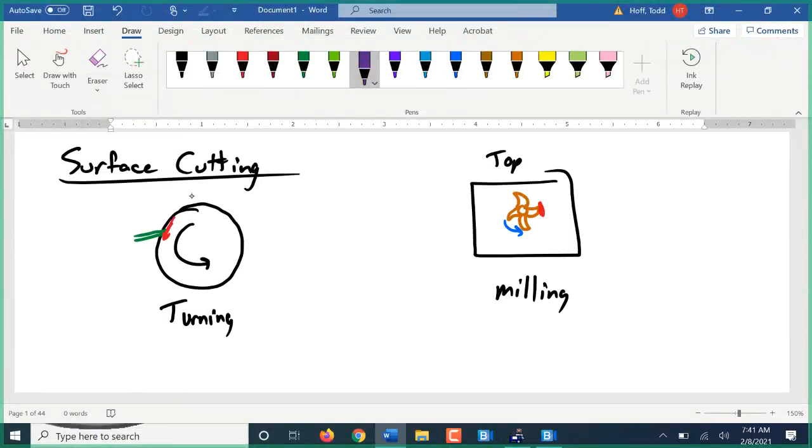In either of those cases, we have a diameter. In the turning situation, it is the diameter of the material. In the milling situation, it is the diameter of the bit. And we have, of course, RPM.